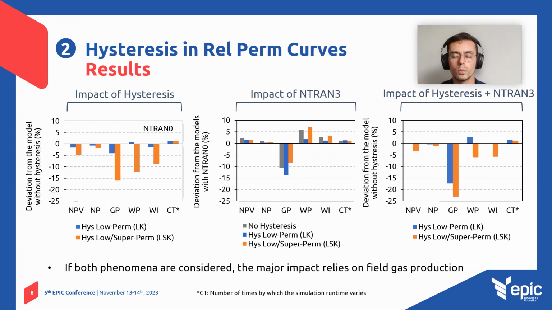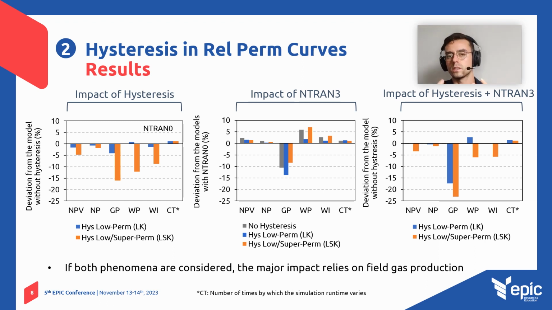When we couple both, we consider both phenomena, we see that the effect in terms of NPV is almost zero for LK scenario. And that's because the impact of hysteresis is negative, while the impact of neutron 3 is positive.